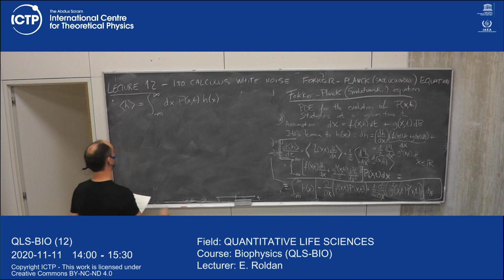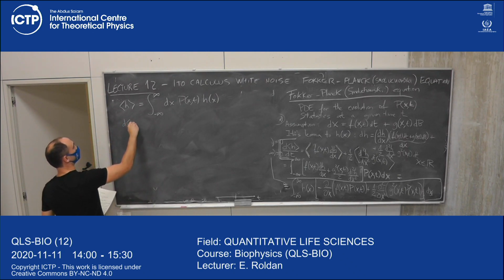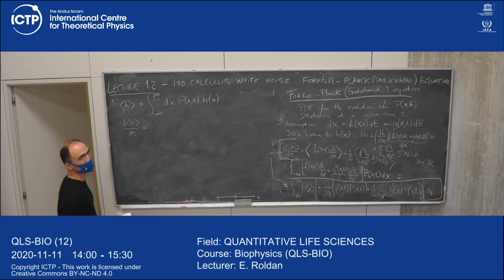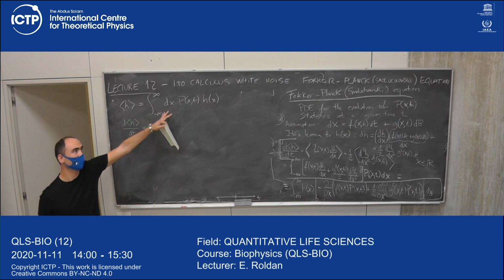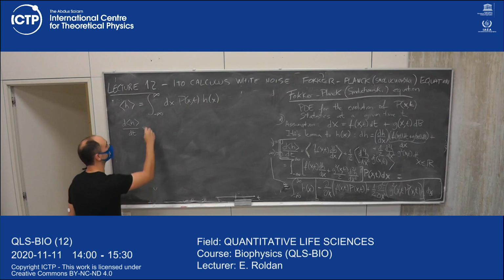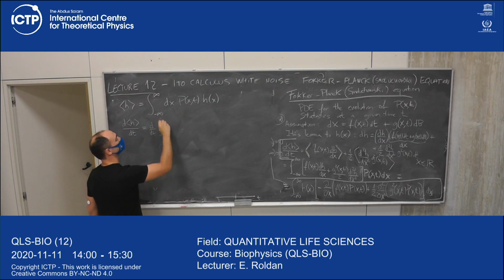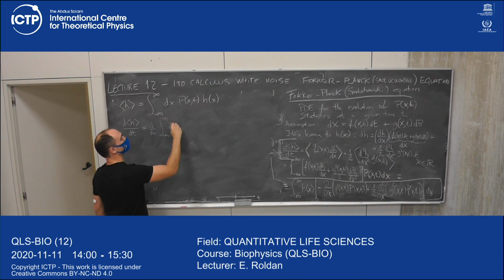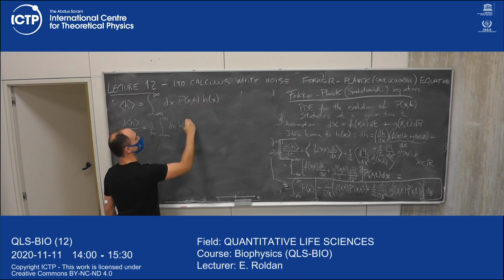So now, if I take the derivative with respect to t, what is this? I should take the derivative of all these objects. Let me write it explicitly: the integral of p(x,t) h(x).